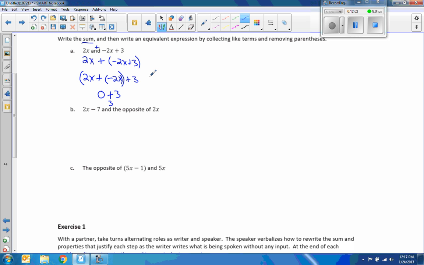So we have the associative property, the additive inverse. So I'm going to write this. Associative. Then 0 plus 3 is the additive identity. Or additive inverse, I'm sorry. We got the identity from adding inverses, additive inverse.